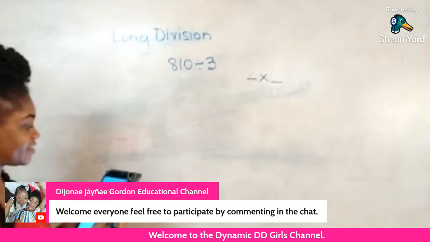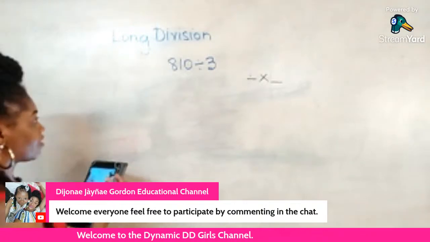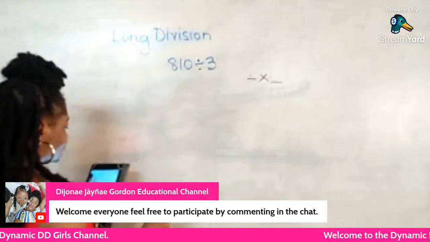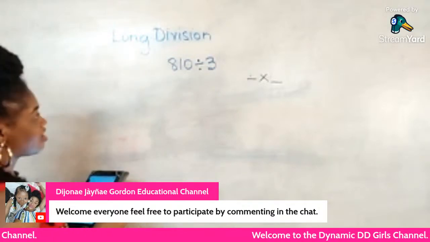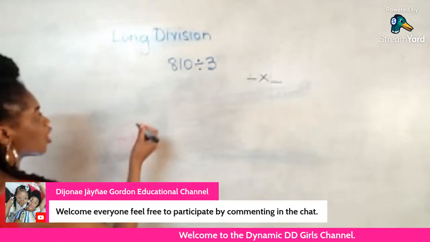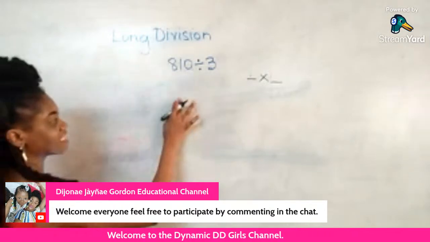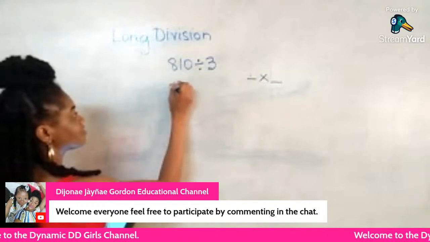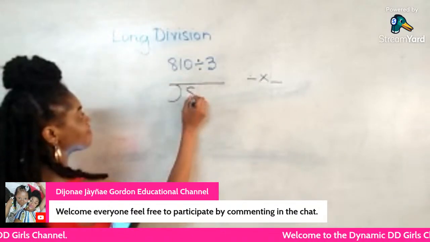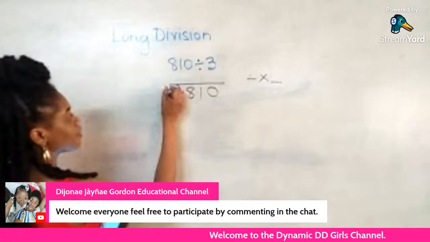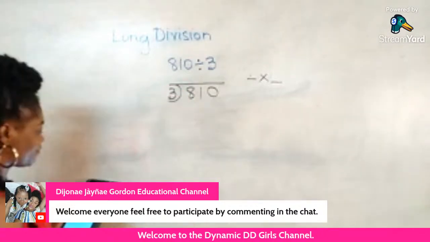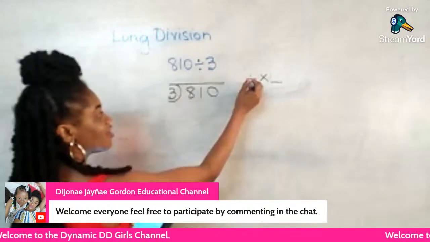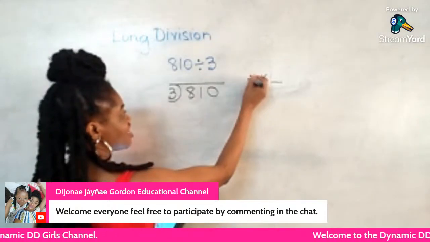Let's work it together. All right, so now remember, we have to set out the problem now. And of course, I am going to set out this problem. So we have 810, and of course, we are dividing by 3. Remember that we are actually sharing, right? We're dividing, so we are sharing.